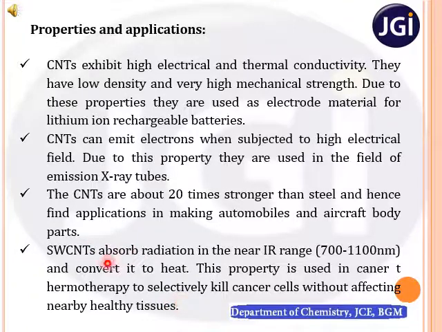Cancer cells are mutated cells in the body which harm the body. In the treatment of cancer, normal cells may also be affected. If we use single-walled carbon nanotubes, they can selectively kill the cancer cells without affecting nearby healthy cells or tissues.